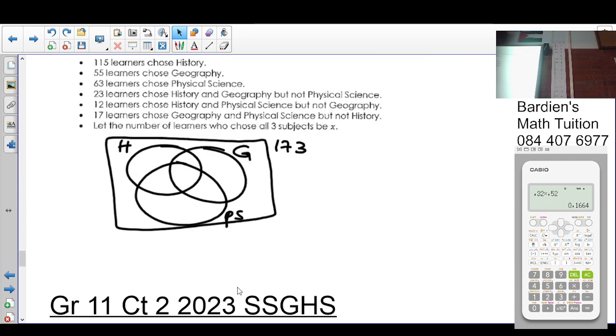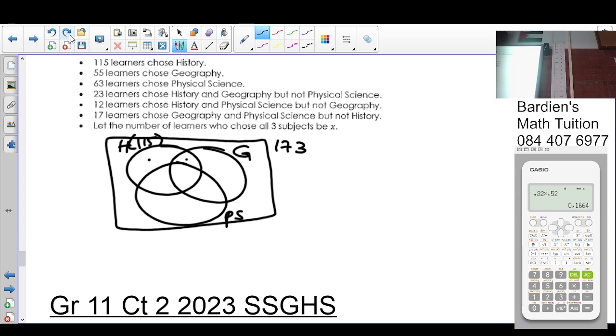So here we are told that 115 chose history, so that plus that plus that plus that is all equal to 115.